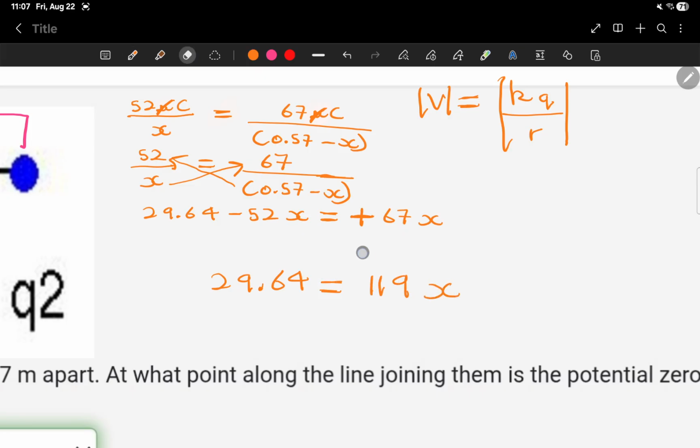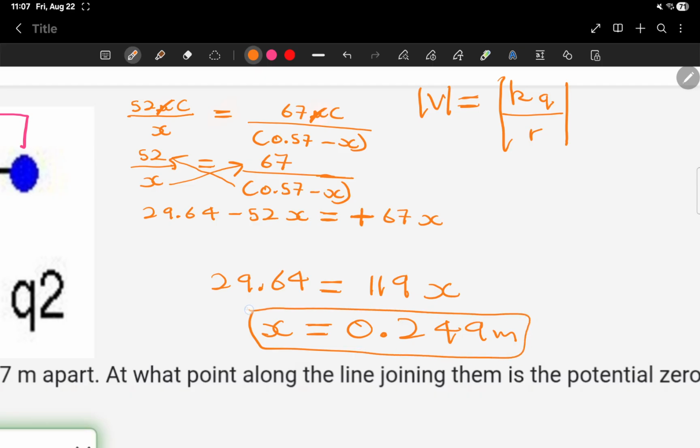Because what I did instead was I moved negative 52 to that side. Okay, now I rearrange for x. You see how that small mistake just stopped me from getting the right answer. So let's see. So yeah, we're doing 29.64 divided by 119, and that gives us a value of 0.249 meters, and I hope that's the correct answer.